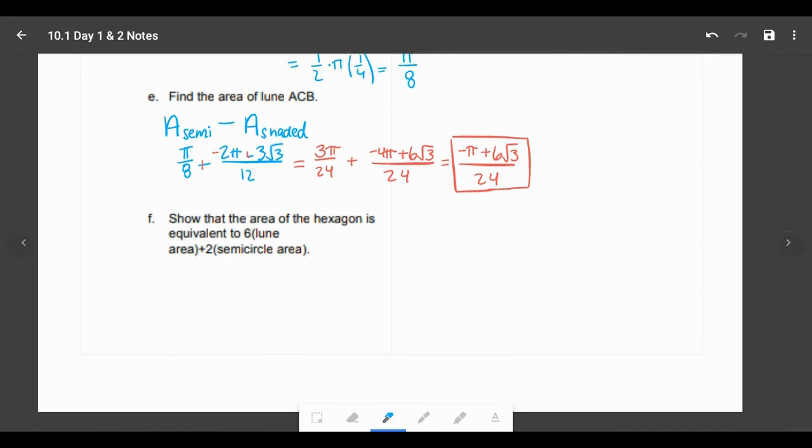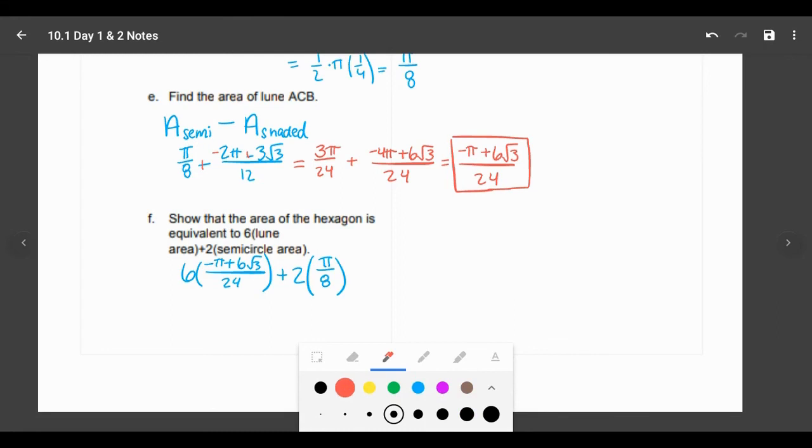So it's asking us for 6 times our lune area. And remember, our lune area we just found to be negative pi plus 6 root 3 over 24. Plus 2 times our semicircle area, and that we found to be pi over 8.